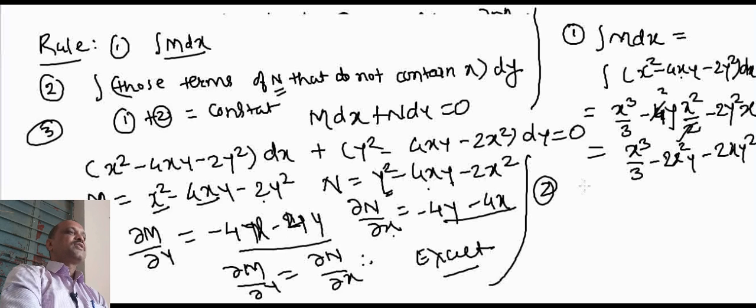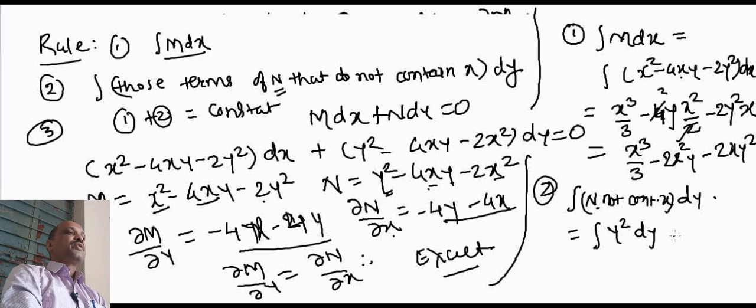Now, second step: integrate those terms from N that do not contain x. Look at this N. When we see the value of N, this term contains x, this term contains x. Therefore, remember this, take those terms from N that do not contain x and integrate with respect to y.